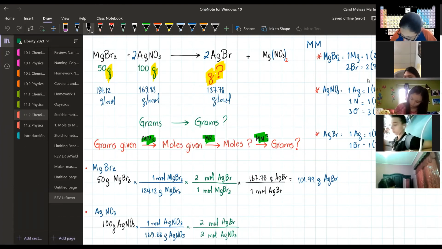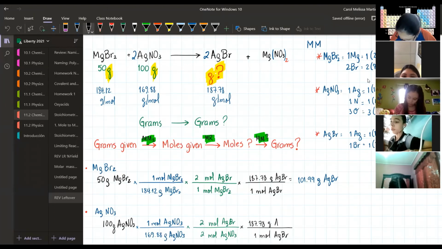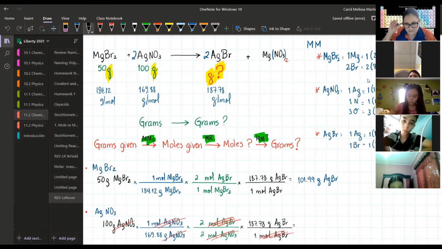And then I multiply times the molar mass of the unknown substance, 1 mole AgBr, that has a mass of 187.78 grams. How much is this? 110.54.